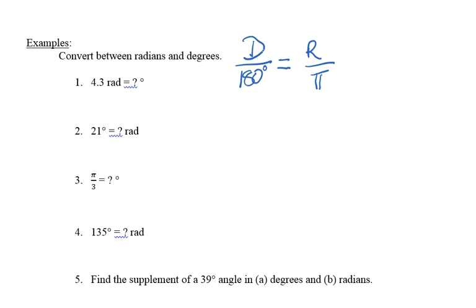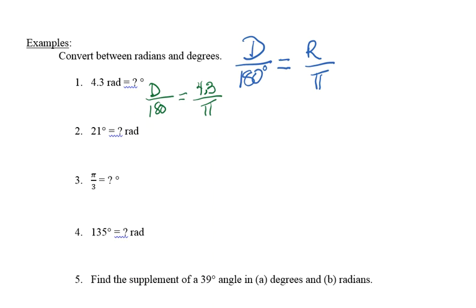Depending on what we're given, we replace either the D for degrees or the R for radians, and then use the principles of a proportion to solve for the other unknown. In this case I have 4.3 radians. That 4.3 goes in the R spot, so I have D over 180 equals 4.3 over pi.